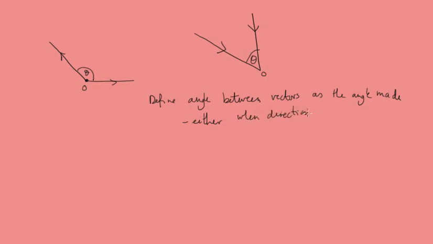So we define the angle between vectors as the angle made either when the direction of each vector is away from the point or towards the point.